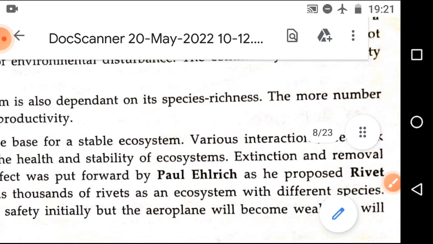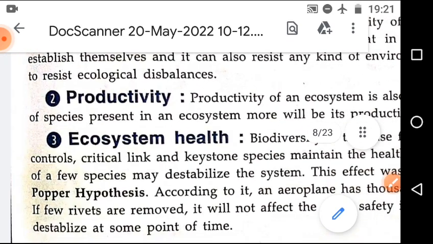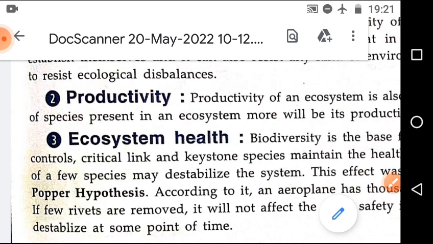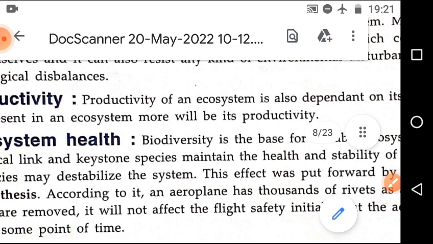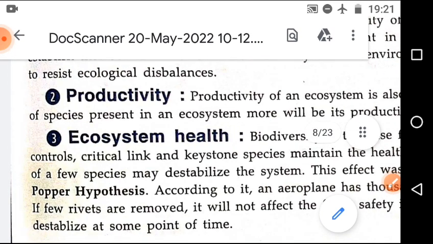The more number of species in an ecosystem, more will be the productivity. So if there is more number of species in the ecosystem, more food will be available, more biomass will be available, and the food chain will be stably maintained, it will not get hampered.